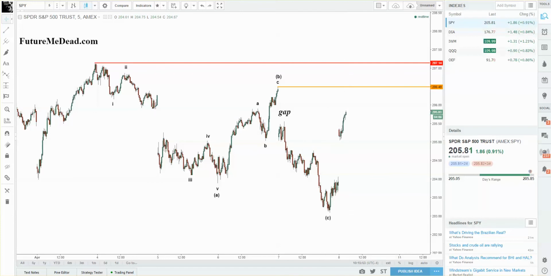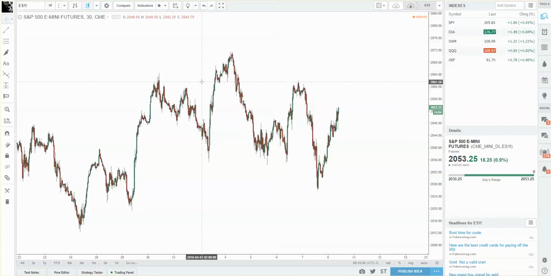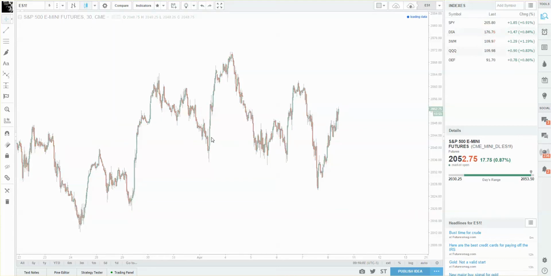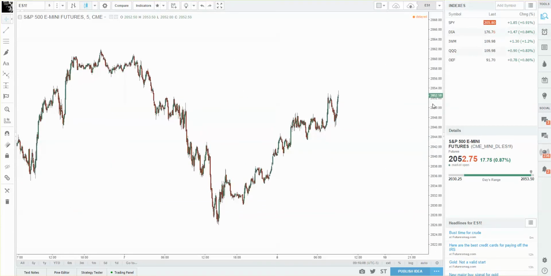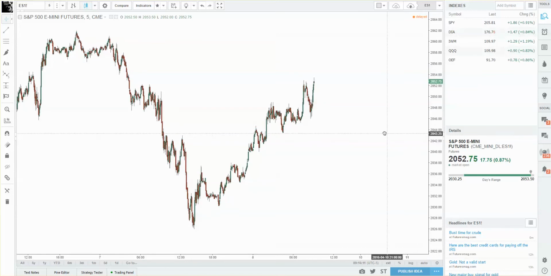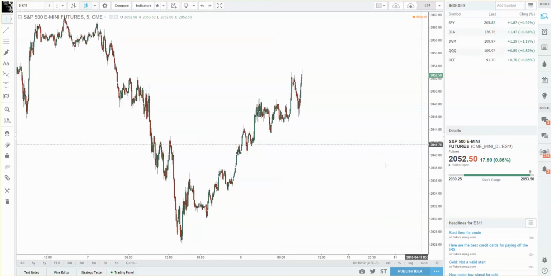Let's turn over to the S&P 500 futures contract, the E-mini, and you can see here the 3-wave structure followed by the impulse wave move up. Let's go over to a 5-minute time frame and try to count this in real time.